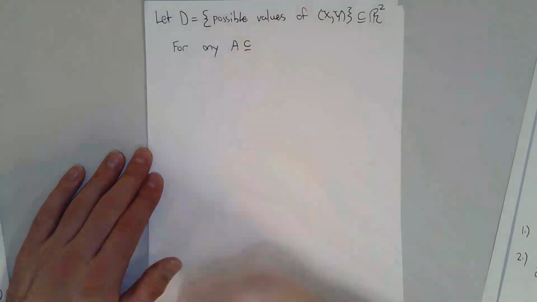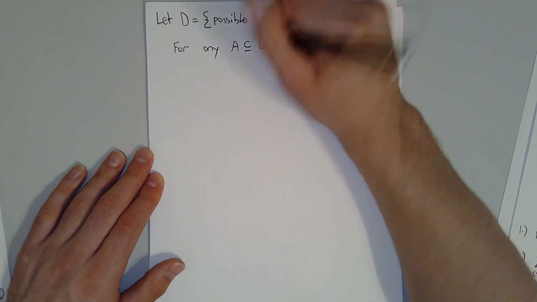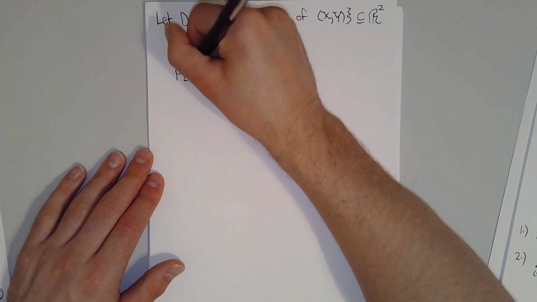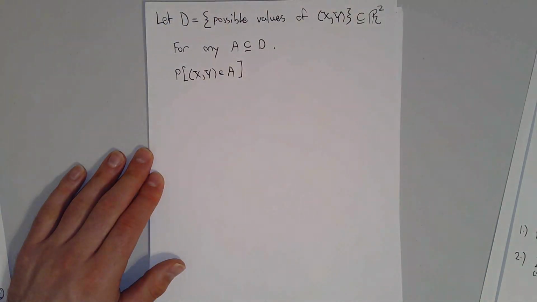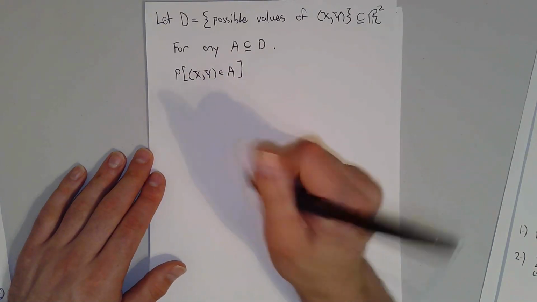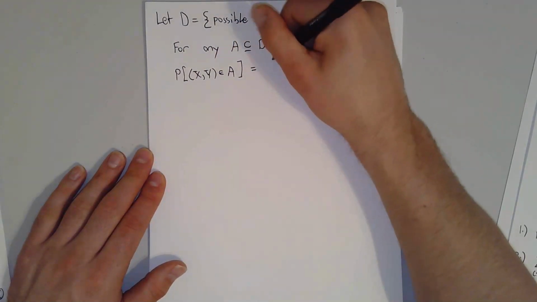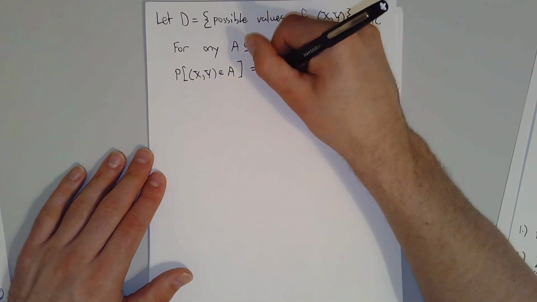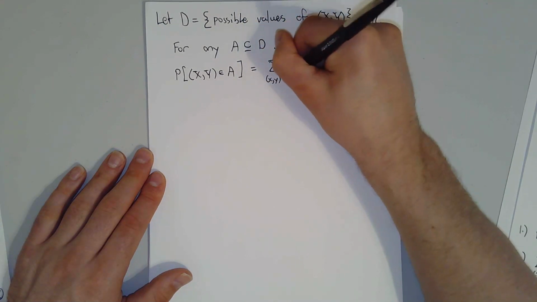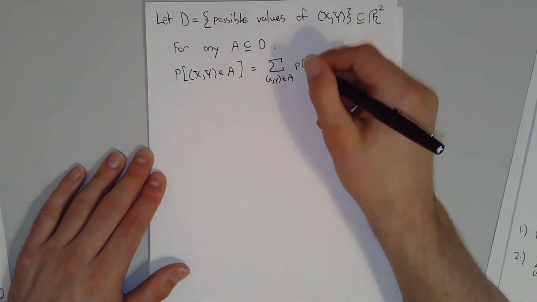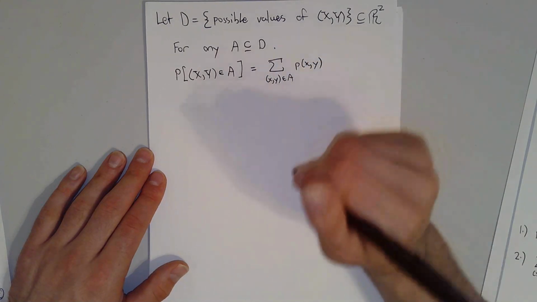Then for any subset A that sits in D, the probability that our ordered pair of random variables takes on a value that's an element of A can be seen to be the sum over all the possible values in A of the probabilities at each one of those points.